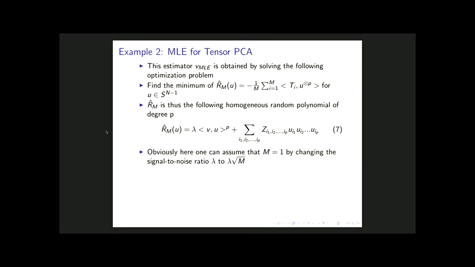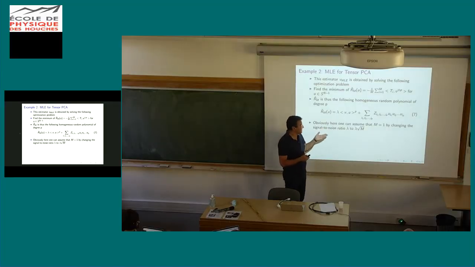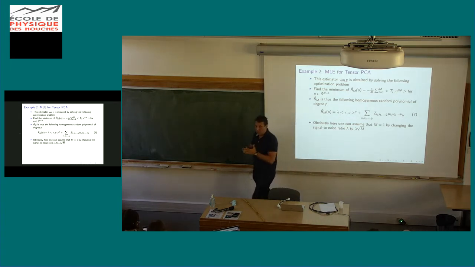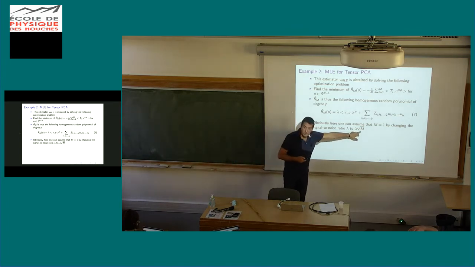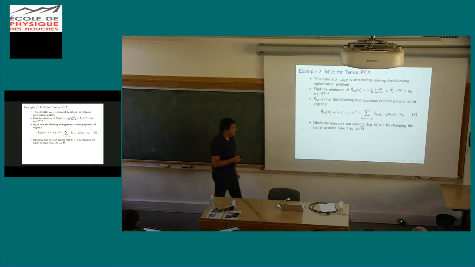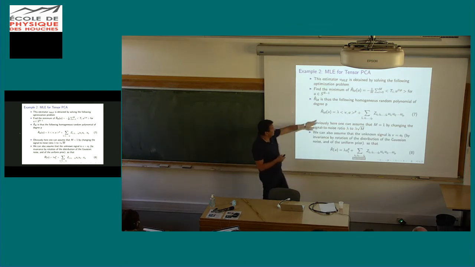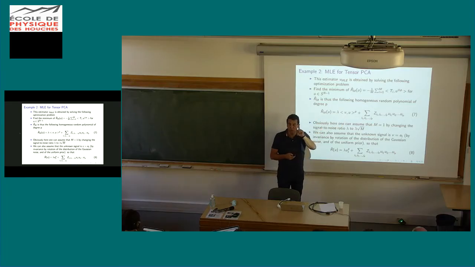Of course here we had M samples, but because everything is Gaussian, you could assume that M is 1 by just changing lambda to lambda times square root M. So when I was telling you that this lambda, the signal to noise ratio, also measures the number of data, it is just by this ratio square root M. If you assume that lambda initially is 1, then your lambda becomes just square root M, the square root of the number of data. And then here, you can assume that this unknown signal V is just e_1, which in my picture I put as the North Pole.